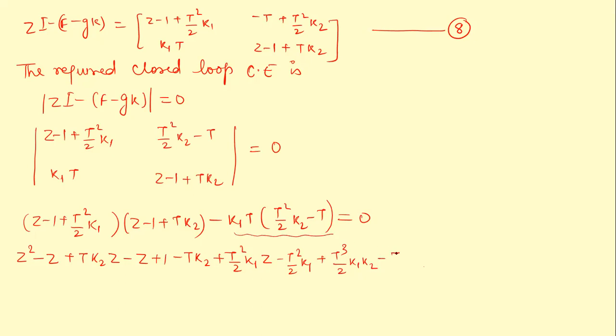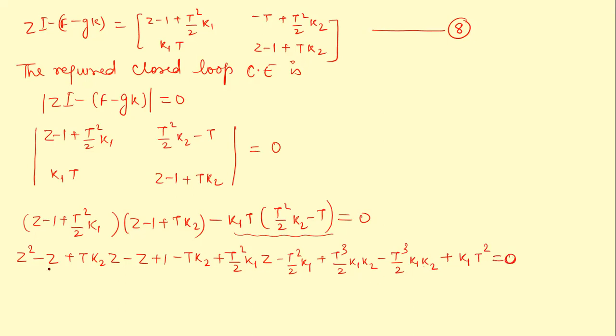So minus T cubed by 2 K1 K2, then minus minus plus K1 T squared is equal to 0.